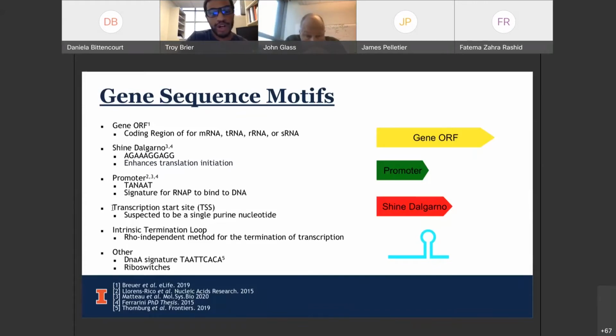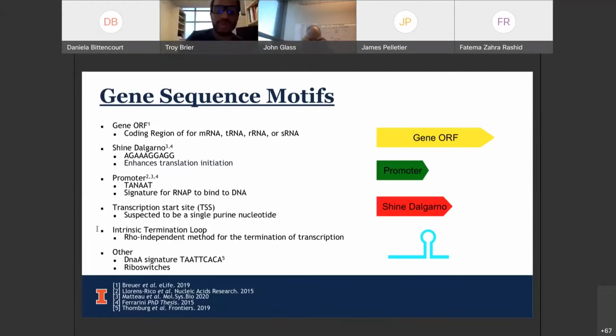There's also the transcription start site, which is where the DNA actually begins to be transcribed into messengers. There's also the intrinsic termination loop, which is the important motif that denotes the end of transcription.